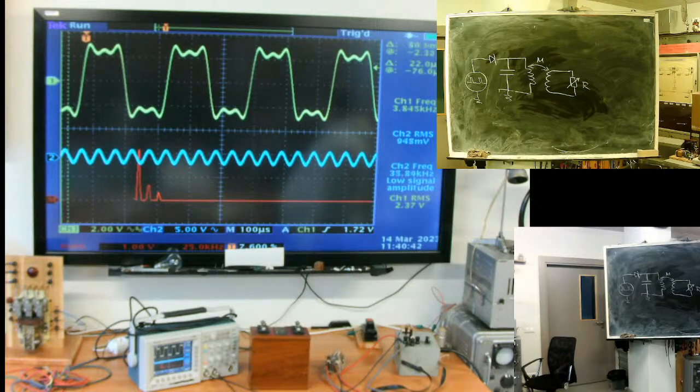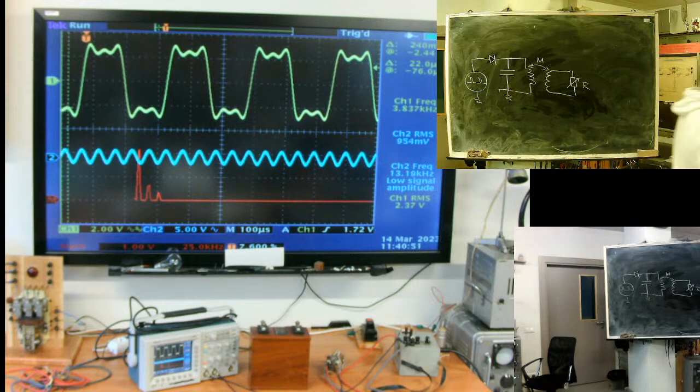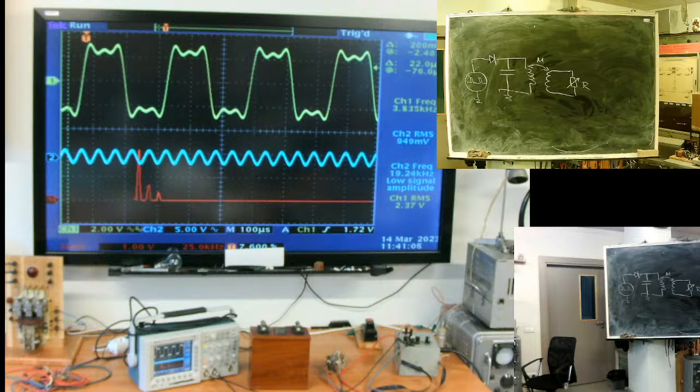Maybe Google can answer. What is mutual inductance? Closer, but can be better.